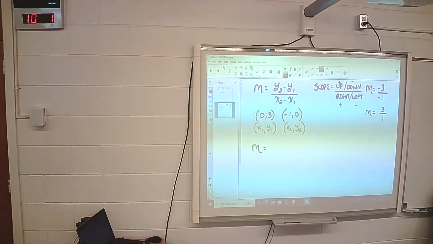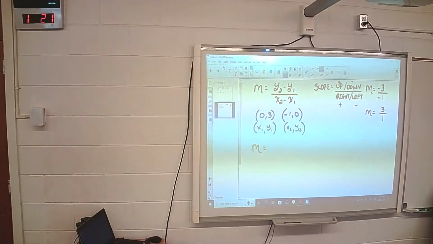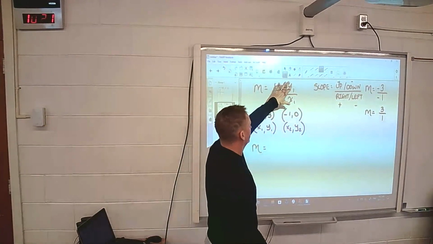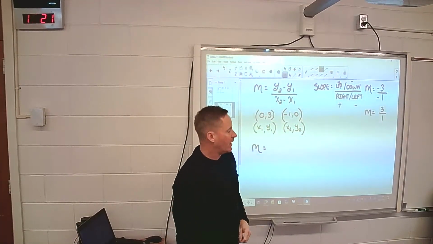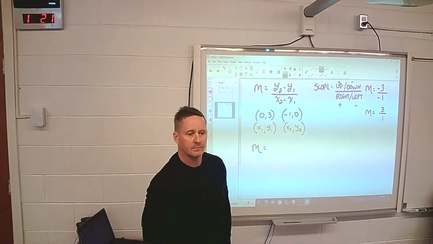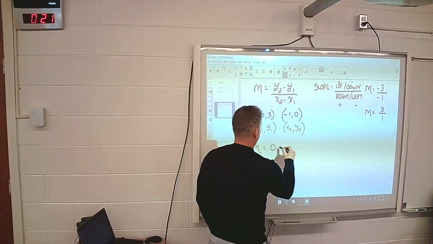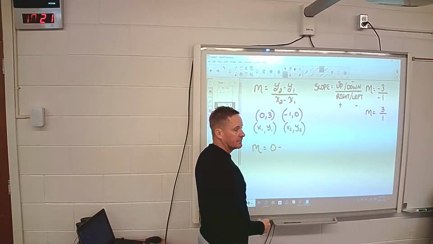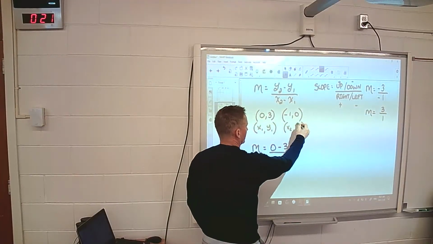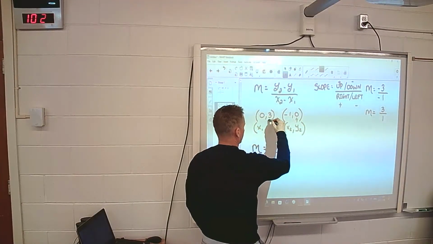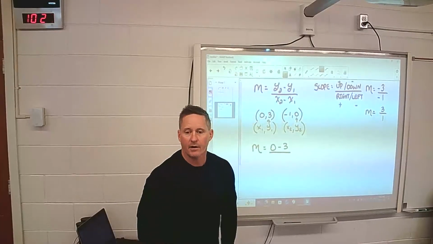Okay. So now I'm going to follow through this right here. y2 subtract y1. Well, what is y2? 0. What is y1? 3. I just line them up. That's why I write it out like this.